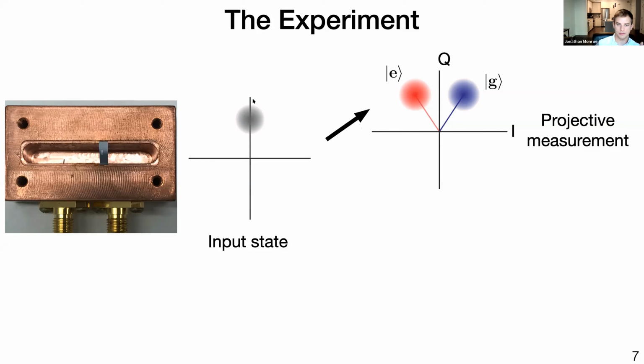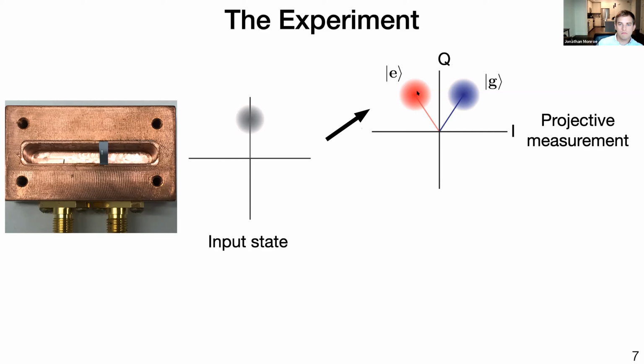So this coherent state that was aligned at 90 degrees now gets shifted forward in phase or backwards in phase, depending on whether the qubit is in the excited state or in the ground state. And when these two blobs are well separated, we say that we've projectively measured the qubit because we know exactly what the state of the qubit is after the measurement.